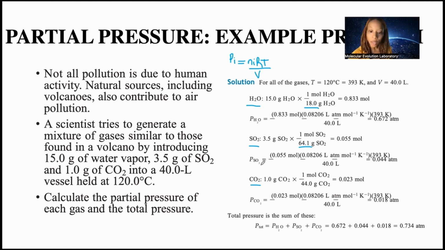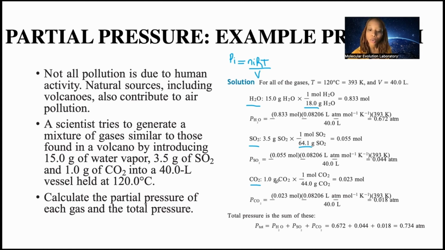To find the partial pressure of sulfur dioxide, 0.055 mole times the constant, 0.0826 liter atmospheres per mole per Kelvin, times 393 Kelvin divided by 40 gives us 0.044 atmospheres. This is the partial pressure of sulfur dioxide.